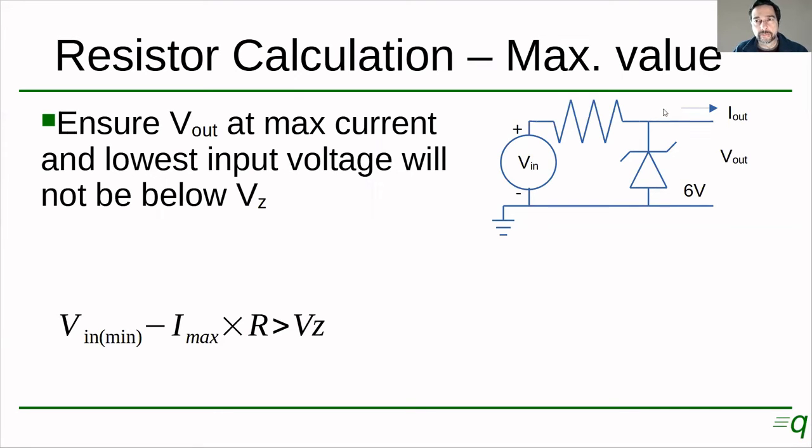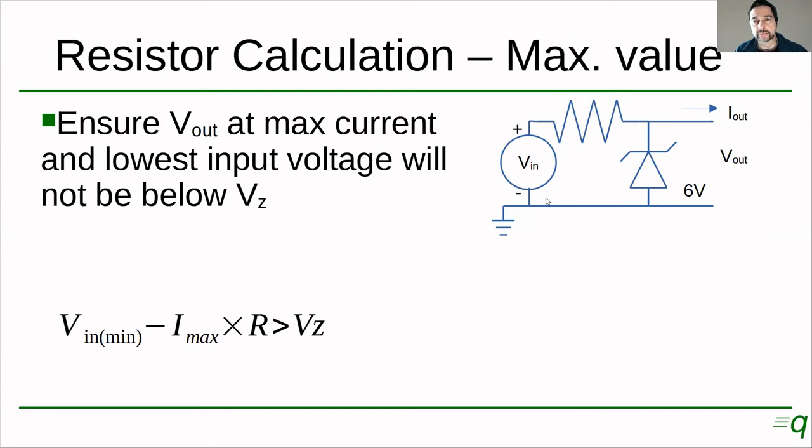So what happens when we connect a load and the load starts taking current? We're going to be increasing the voltage drop on this resistor. Remember from Ohm's law, the voltage drop is the current times the resistance. So as the current increases, the voltage here is going to start to drop, okay?